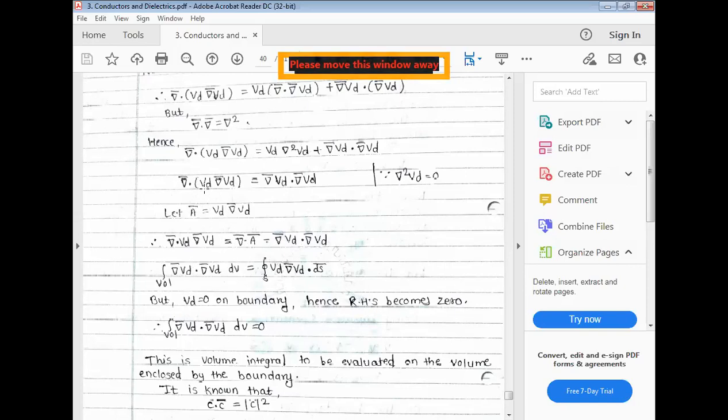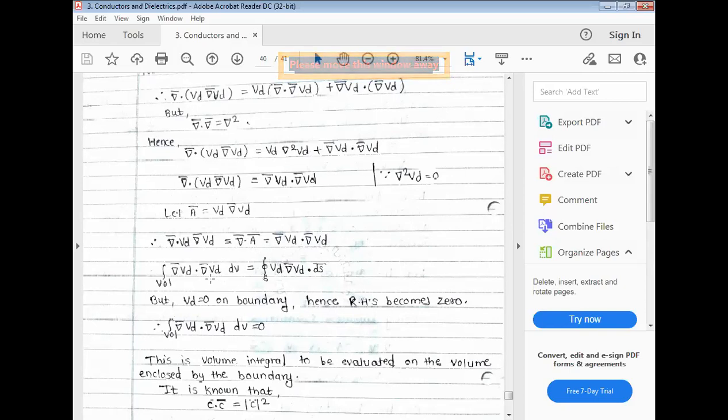Now del dot Vd into del Vd is equal to del dot A bar, and it is equal to del Vd dot del Vd. So here we are simply considering this vector A bar as Vd into del Vd, which we have already seen, and equalizing this with this del dot A bar.